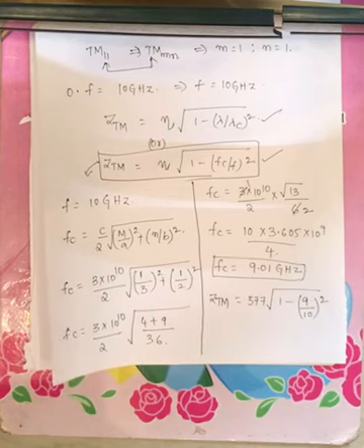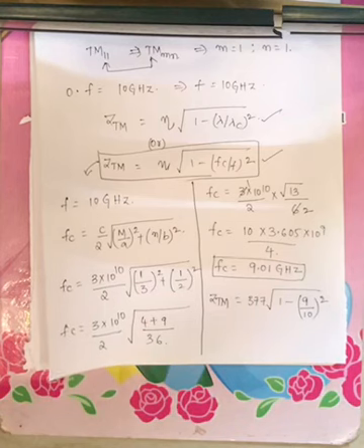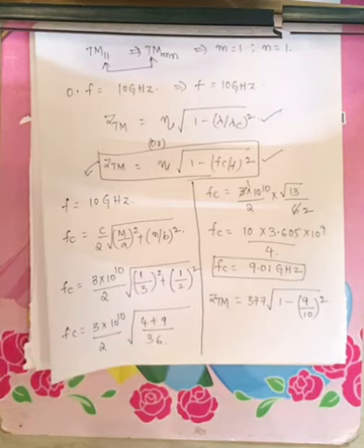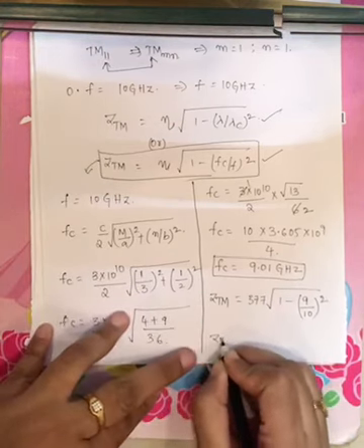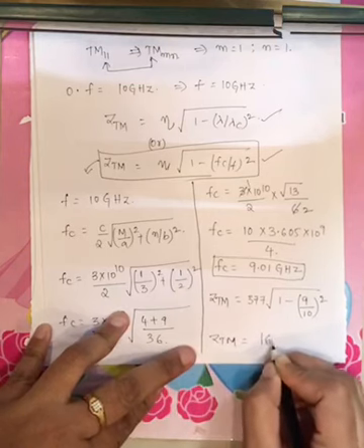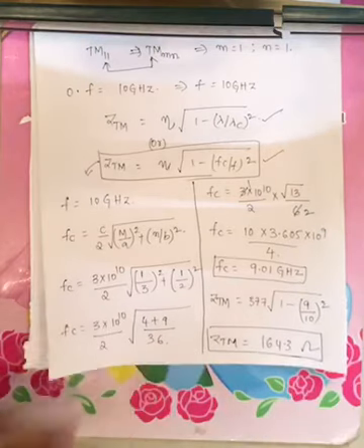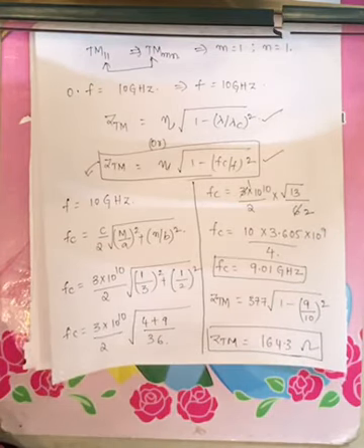Now let me solve totally. 81 divided by 100, that is 0.81, you will get 1 minus that, 0.81. Now this total value ZTM, you are getting as 164.3 ohms. This is how to find out wave impedance.